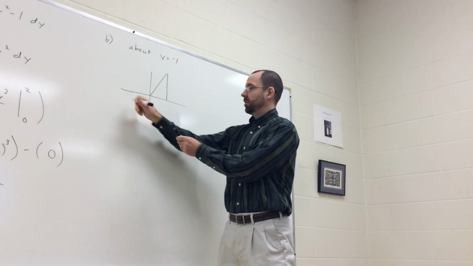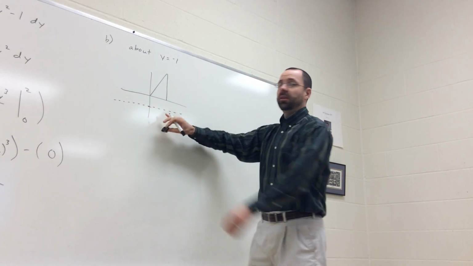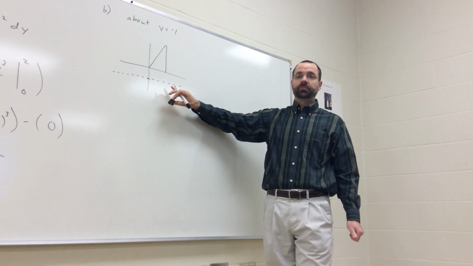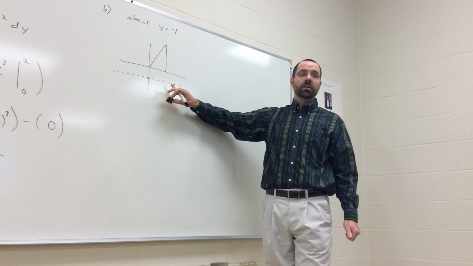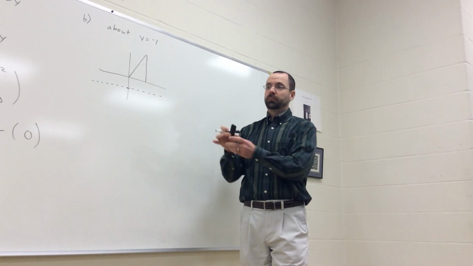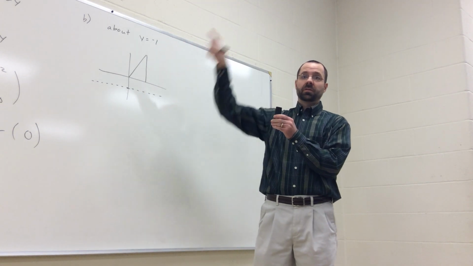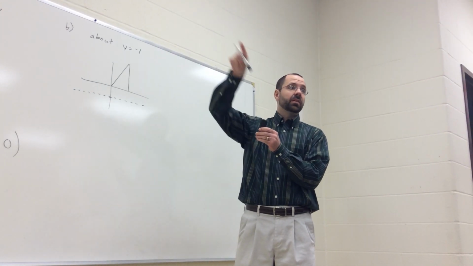Still, now y equals -1 is down there. So now I'm going to rotate this way. So circles can be seen from the side instead of from the top.